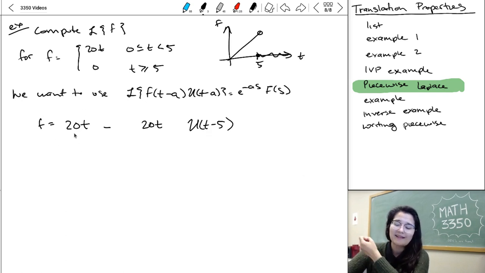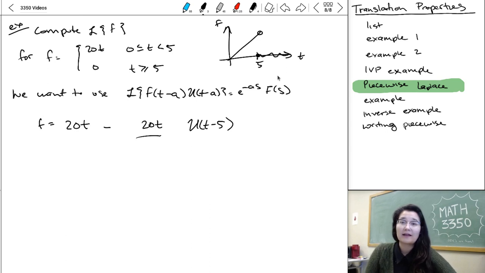But if I plug in t equals 10, then u of t minus 5 is 1, so I get 20t minus 20t, or I get 0. So this is performing exactly how I'd like. The problem is that I need f to look like t minus 5, and it does not.